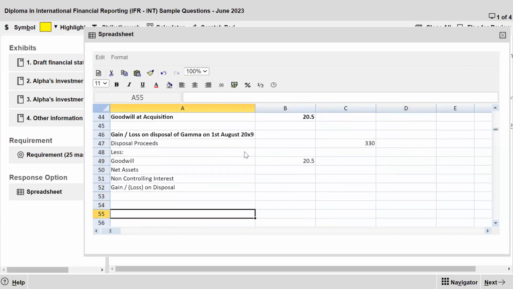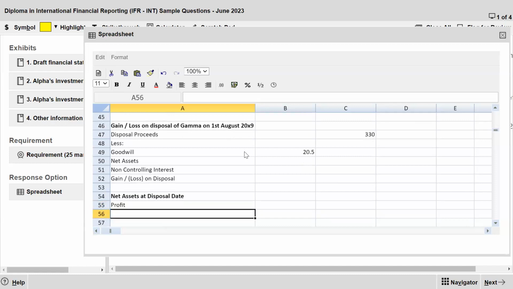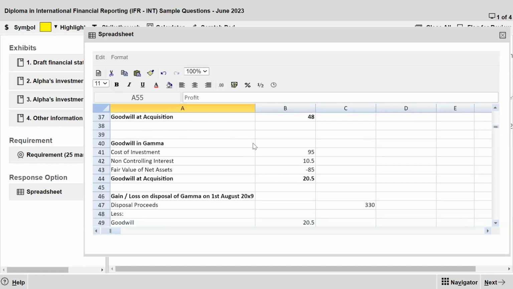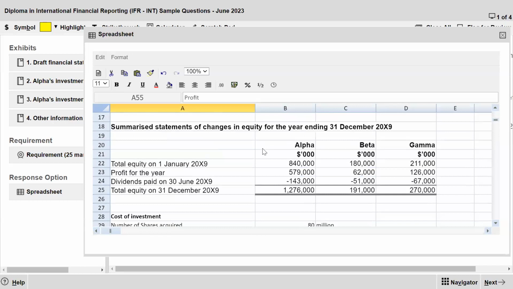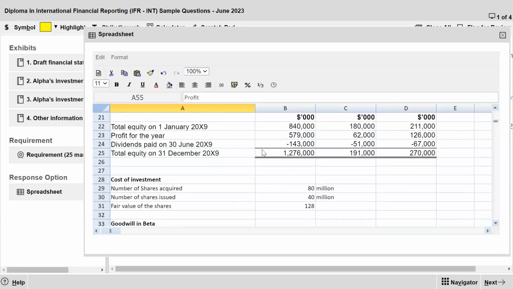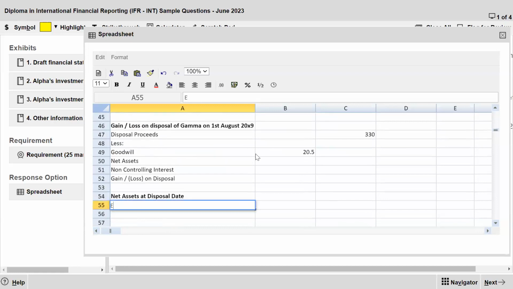We need to say net assets at disposal date, profit, equity at 1st Jan X9.